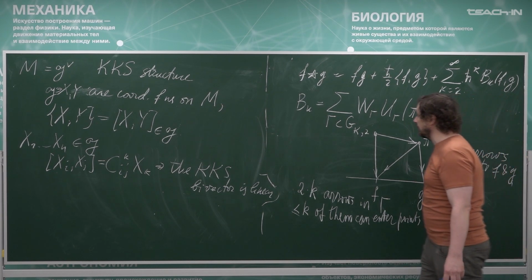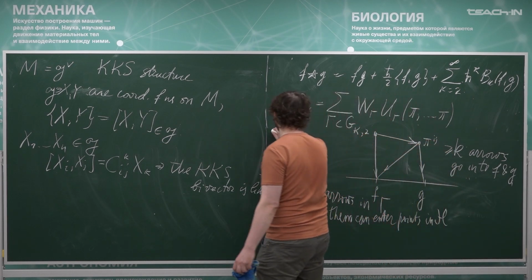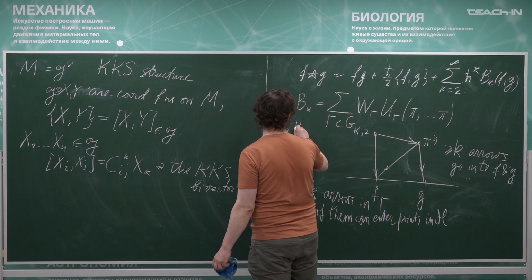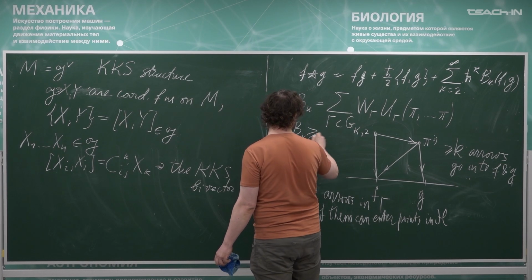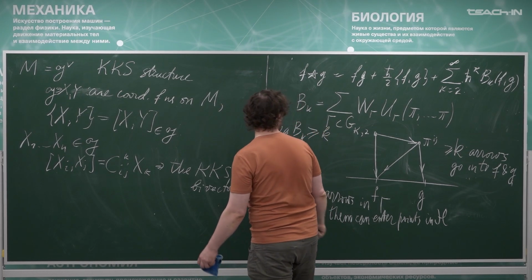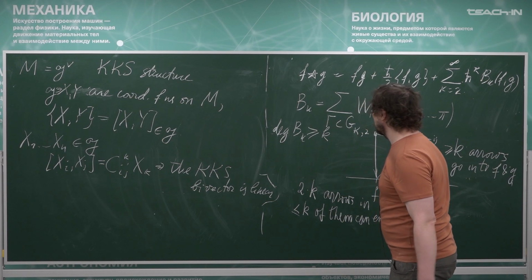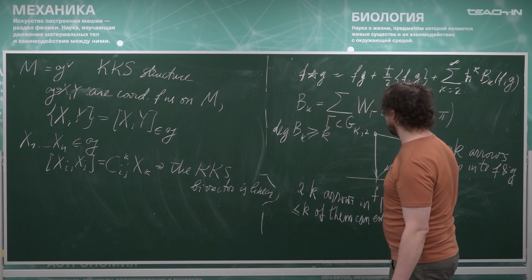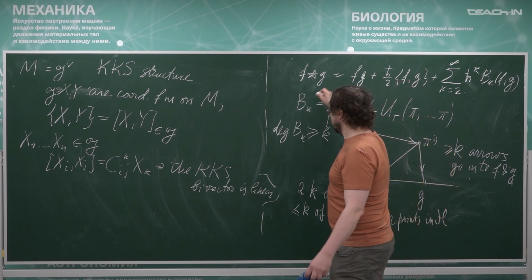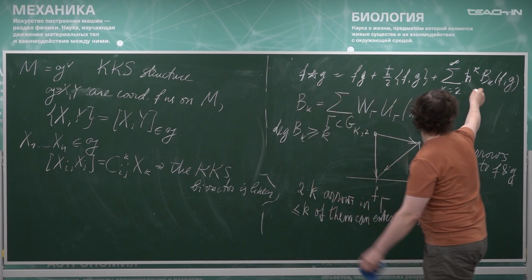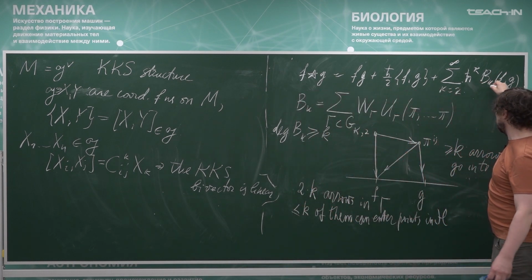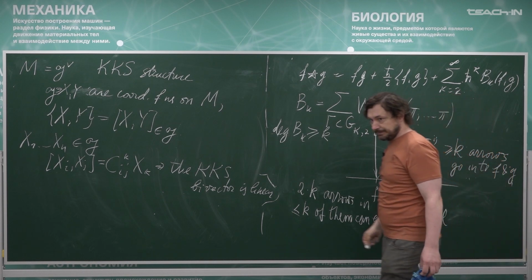Thus, the total degree of B_k is greater or equal to k. And hence, if f and g are polynomials of total degree less than k, all the terms starting with B_k will vanish.